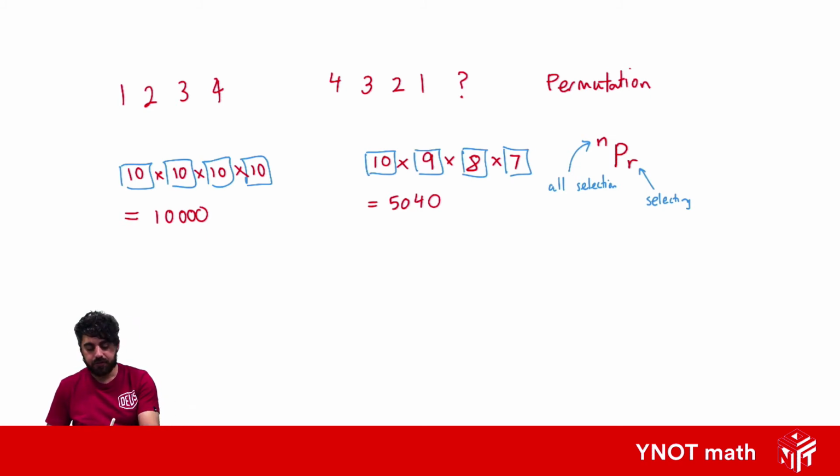And the formula for nPr is actually n factorial over n minus r factorial.